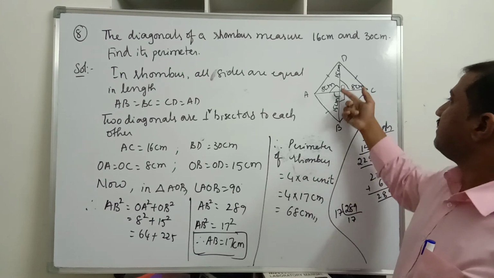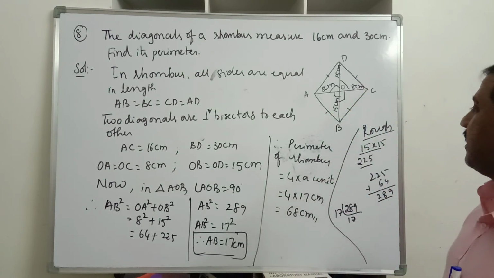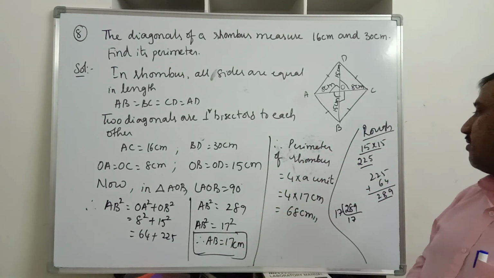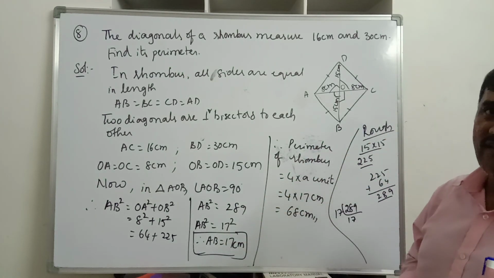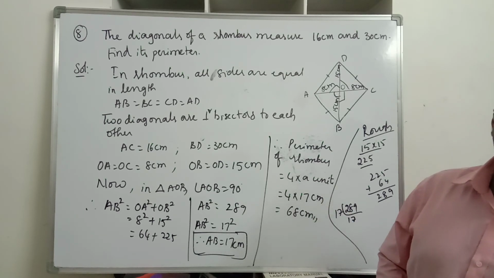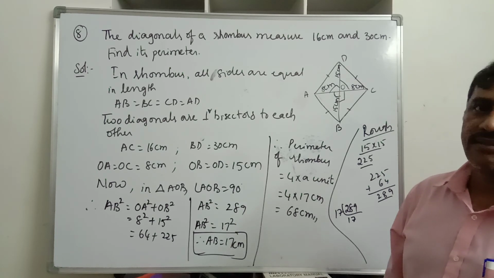Perpendicular bisector means dividing into two equal parts at 90 degrees, that is a right angle. And we will find the length of one side, then we will apply the perimeter of a rhombus, that is 4 sides are equal. 4 into A is equal to 4 into 17. 17 fours are 68 centimeters. Is it clear, children? Yes?